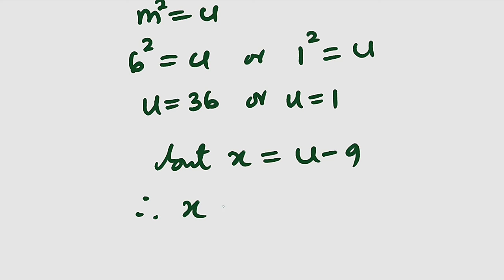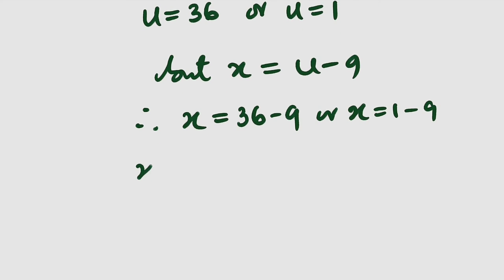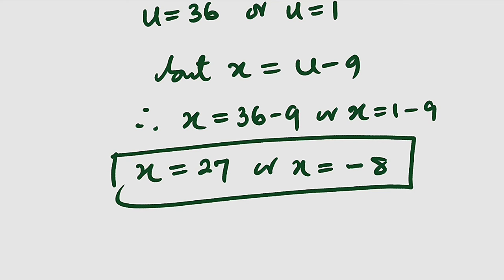Therefore, x is either equal to 36 minus 9, or another u, which is 1 minus 9. So you can see that x is either equal to 27 or x equal to negative 8. But we have to test them in the main equation. Remember, if you are solving a radical equation, you could obtain an extraneous solution, a real solution, or what?